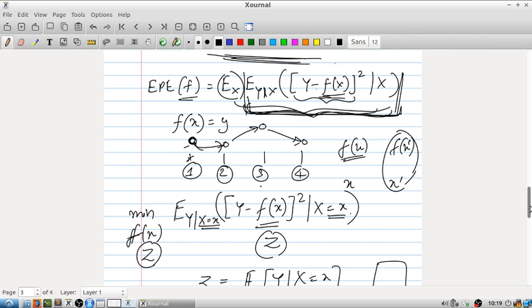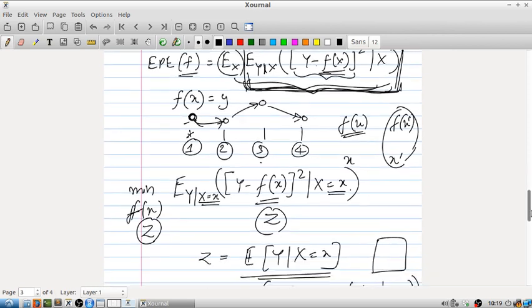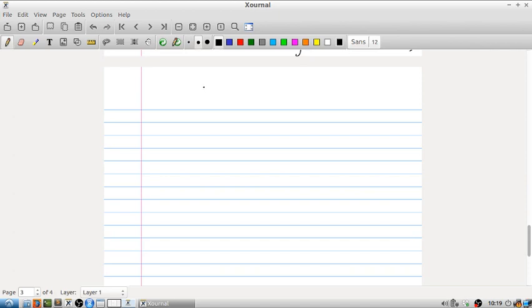minimizing this differentiation? No, all I'm saying is, okay, let me redraw the graph so that it's more clear. See, we had this EPE expression. We broke it down into this conditional expectation of a conditional expectation. Let's say x is on this axis, and for simplicity, let's take some 4 values.